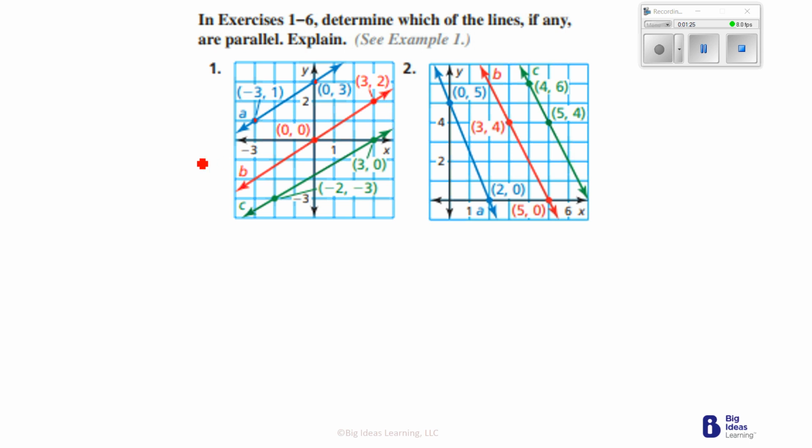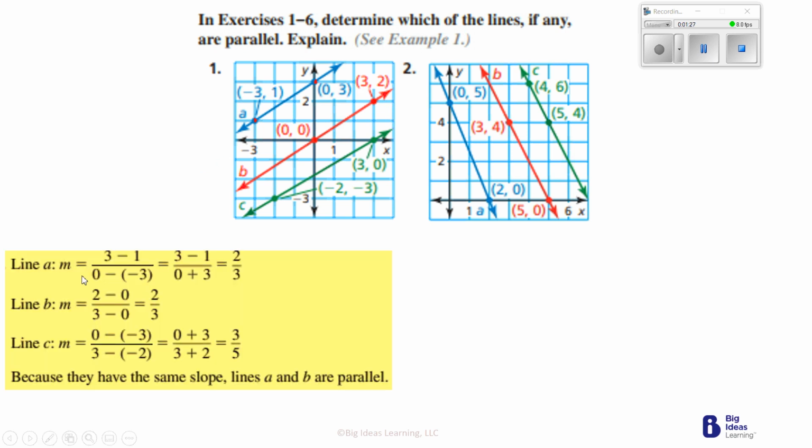So for line A, you would have 3 minus 1 over 0 minus negative 3. 3 minus 1 is going to be 2. A negative times a negative is a positive, and 0 plus 3 is 3. So that line was 2 over 3, which we could pretty much tell just by counting our units.